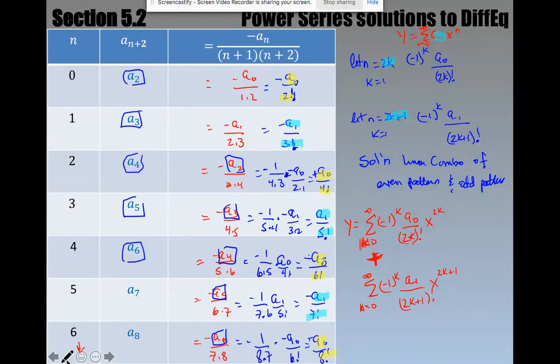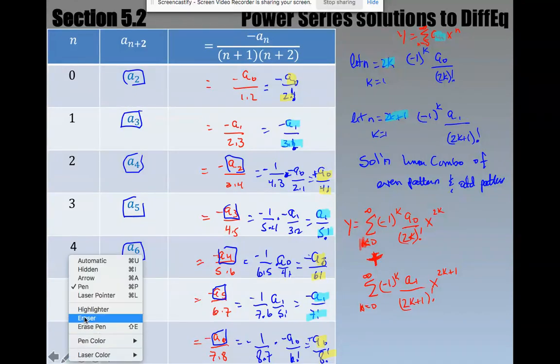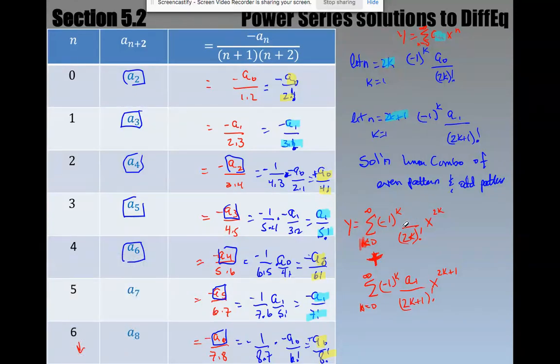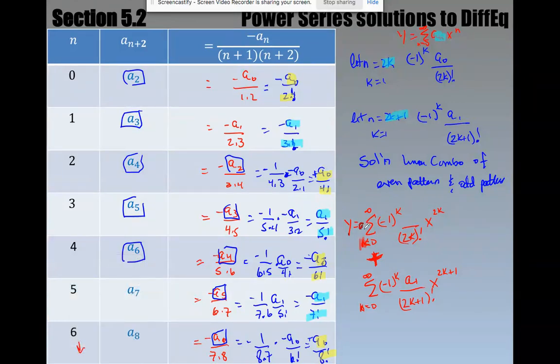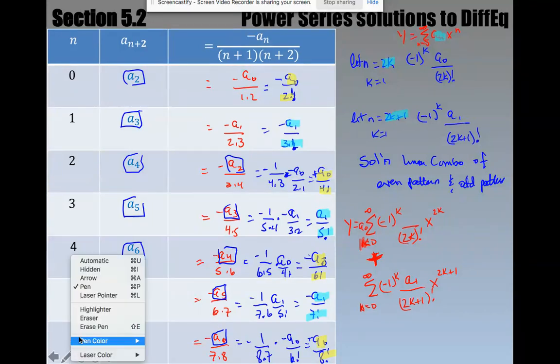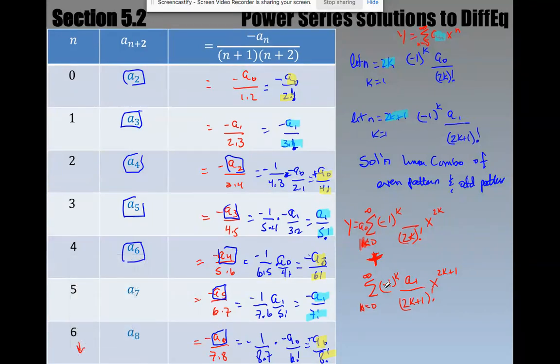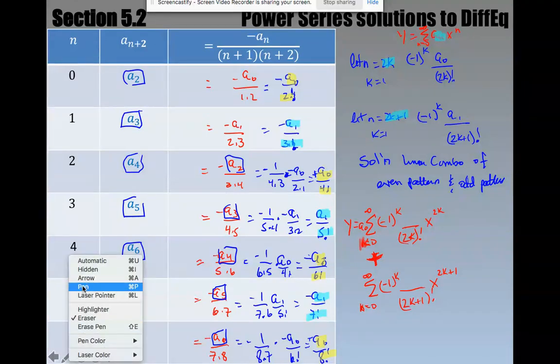Now remember, a sub 0 and a sub 1 are arbitrary coefficients, so I can osmosis them out to the outside. You see what's happening? Do you see it yet? Oh my Lanta.